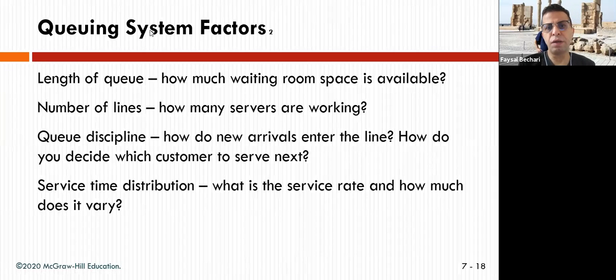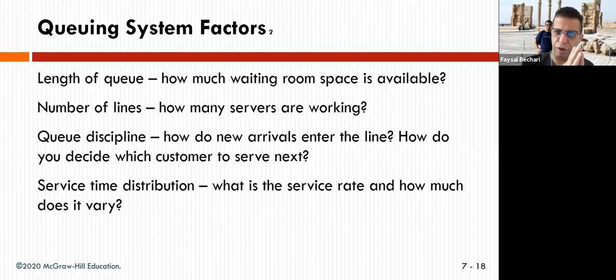Now, the queuing system factors are the length, which we talked about, of the queue, how much waiting room space is available, the number of lines, and how many servers are working. So if you have 1 or 5 or 10 servers, that affects the queue.